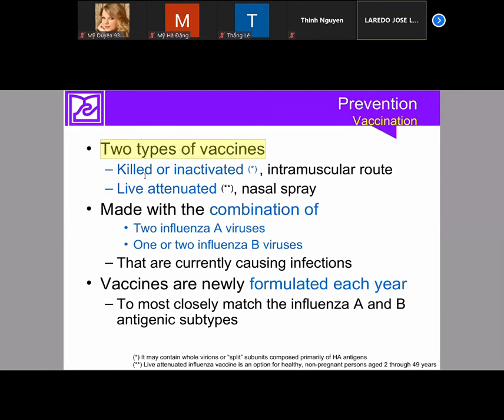The most common one is a killed inactivated vaccine that is given by the intramuscular route. And we also have a live attenuated vaccine. By the way, the difference between the types of vaccine is found in one of the self-learning topics. Anyway, the live attenuated vaccine is a live strain of influenza, and we give it intranasally, so in the nose.